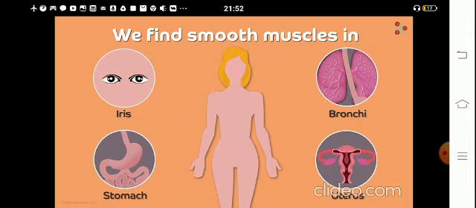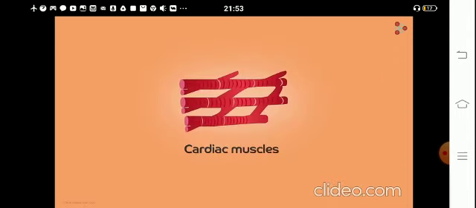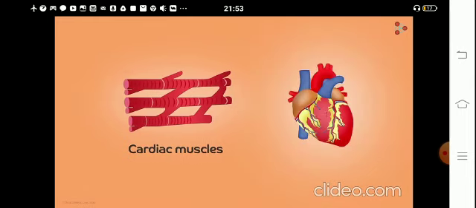Now let's take a look at the last type, that is the cardiac muscles. Again, the name is enough for us to state its function and location. These muscles are those found in the heart. So the rhythmic contraction and relaxation of our heart, or the working of our heart, is all because of these cardiac muscles.